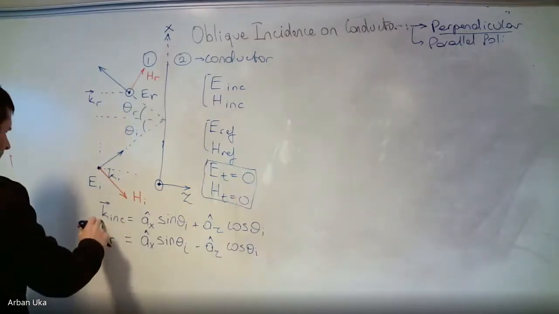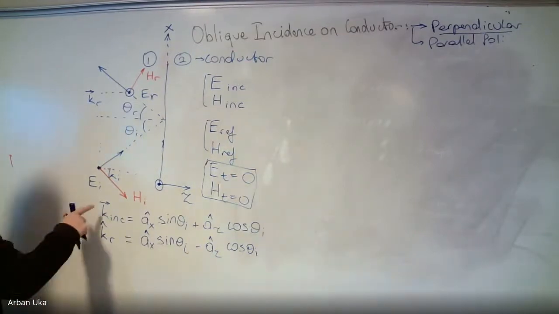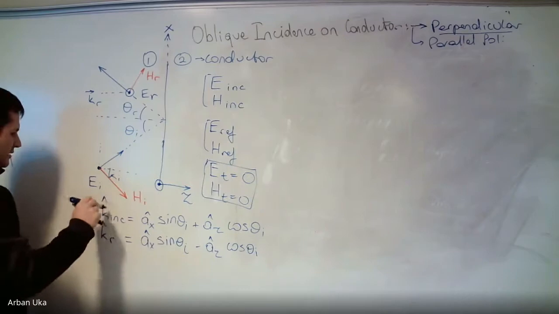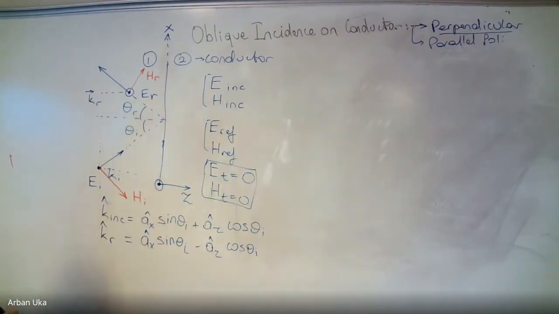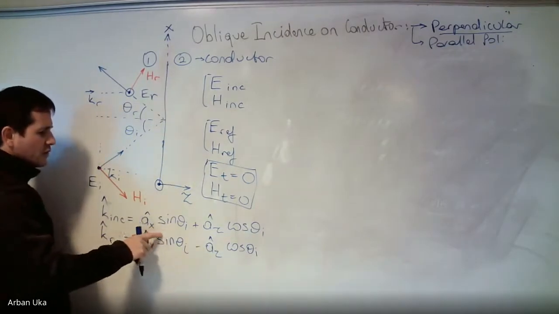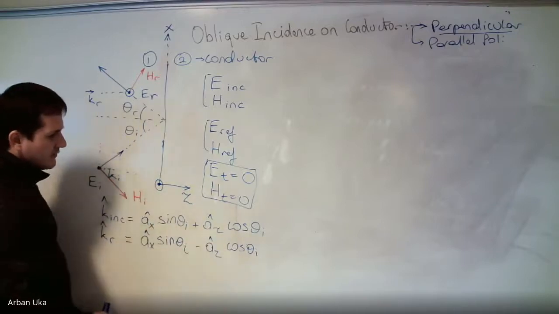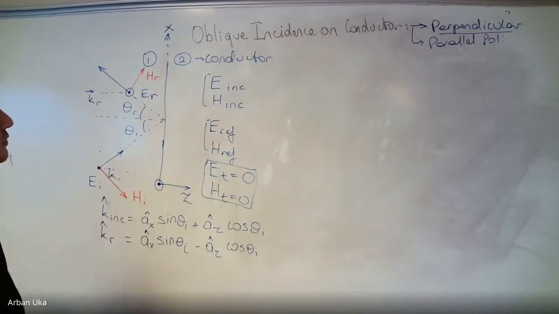In fact, it's best if we write this one as a unit vector, because the amplitude of this vector is equal to 1. If we do the dot product of this vector with itself, we get sine squared plus cosine squared, which is equal to 1.